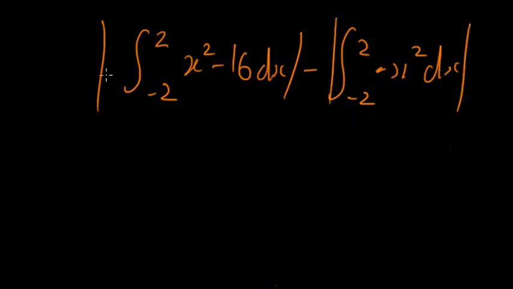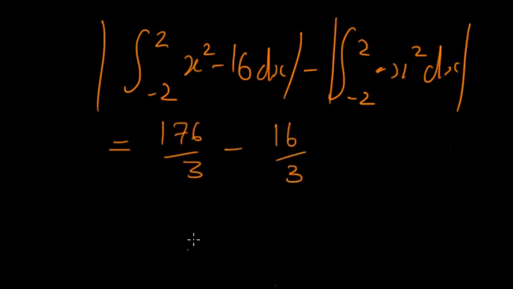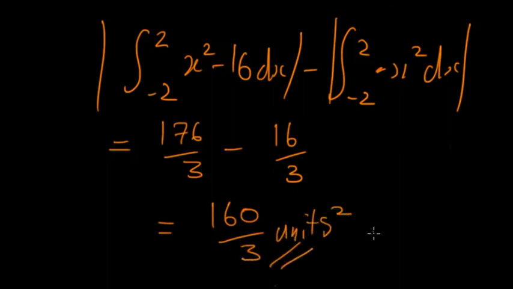So it's really important you don't forget these moduluses. And you're going to get the answer 160 over 3, but to get this, it's 176 on 3 minus 16 on 3, which will give us 160 on 3. And if you're talking about the area, that's going to be units squared.